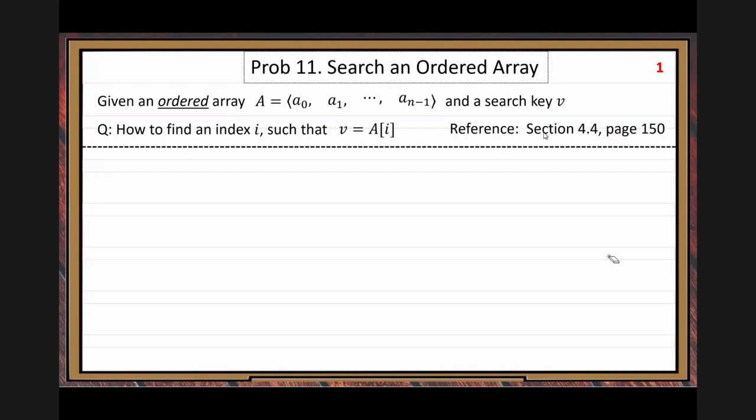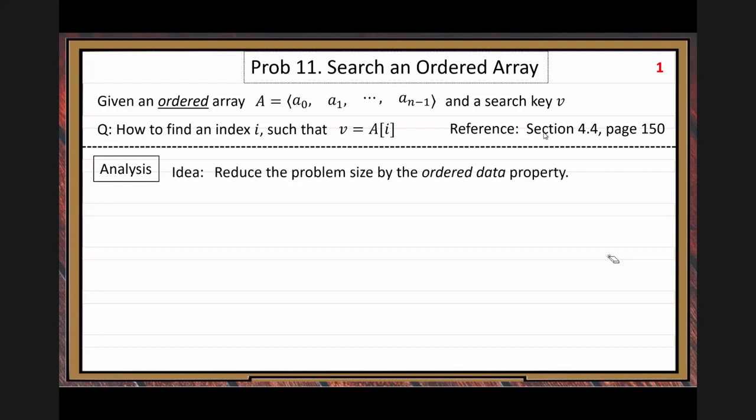All right. Here I'll give you the reference in the textbook. Let's do analysis. The idea: reduce the problem size by the ordered data property. We need to take advantage of this good property.